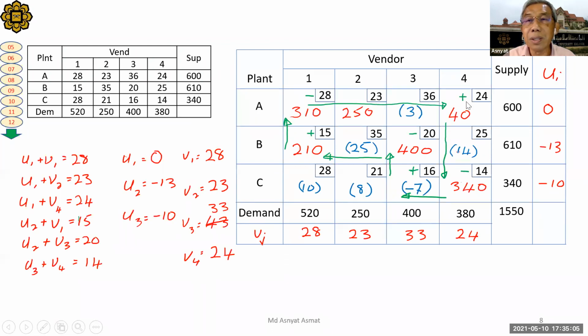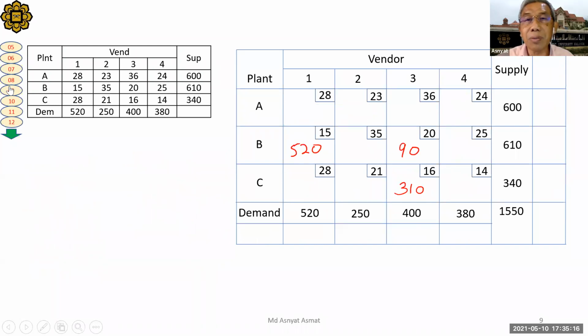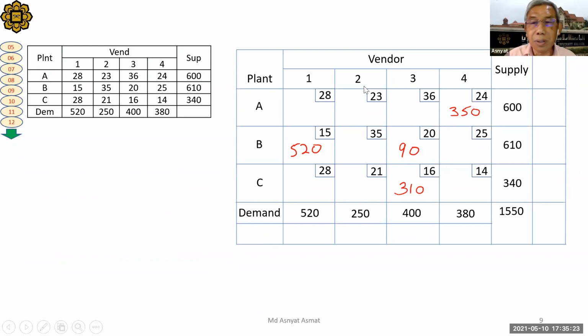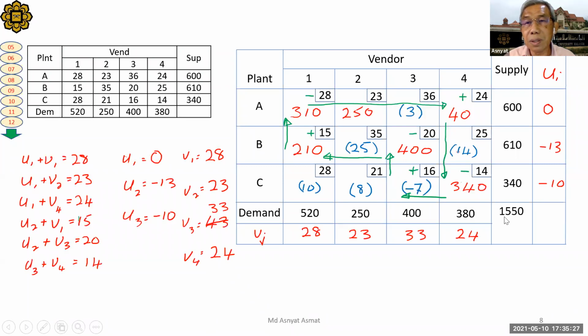And here we add 310 to 40. 350. We write 350 somewhere here. And then somewhere here we take 310 from 340. 30.